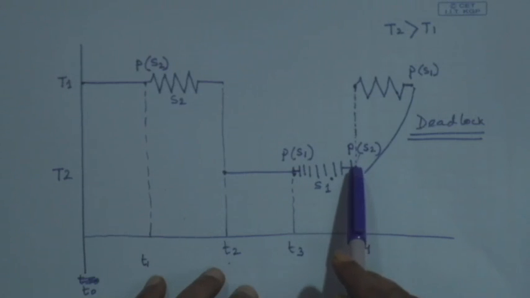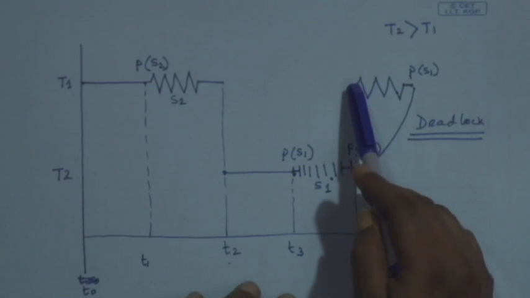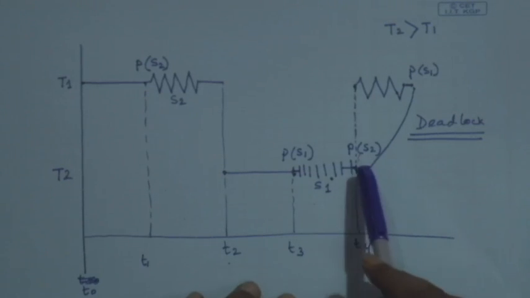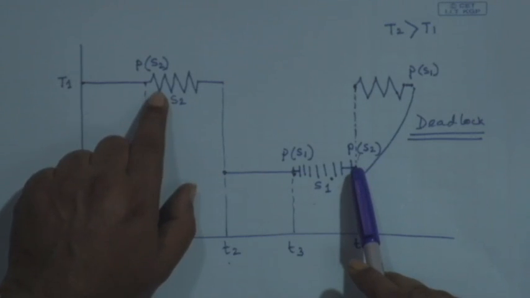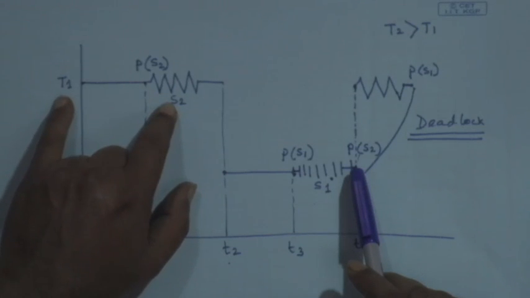No problem up to this, because they are two different critical sections. But at this point, that is at time T4, the task T2, which had higher priority, wanted to enter the critical section S2, which was already acquired by the lower priority task T1.